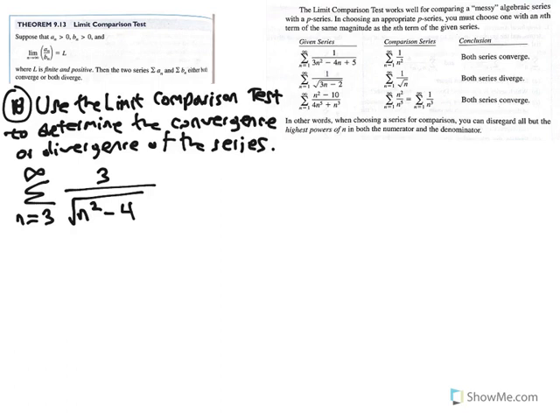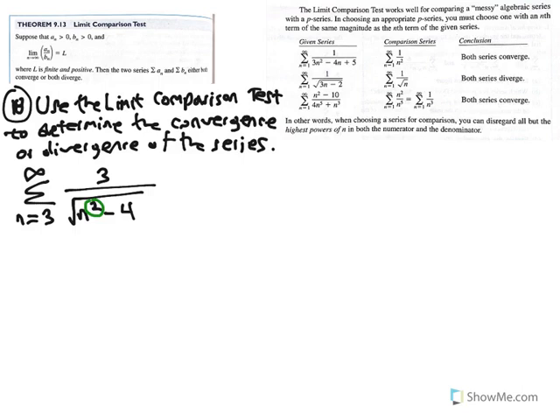So that's why we used a geometric comparison series for number 16. But for number 18, if you look at the nth term of the given series, you've got n raised to the second power. And in p series, you have n raised to the p power in the denominator. So that tells you that a p series might be a good way to go. But what p series should you choose?